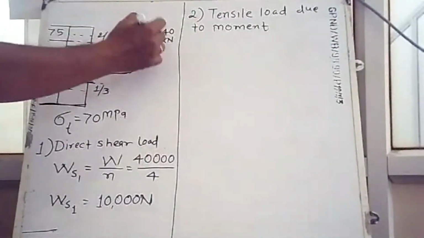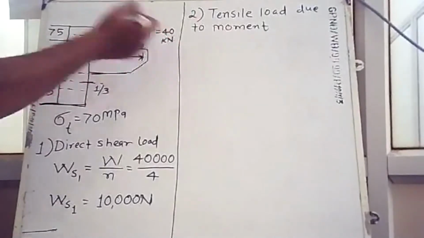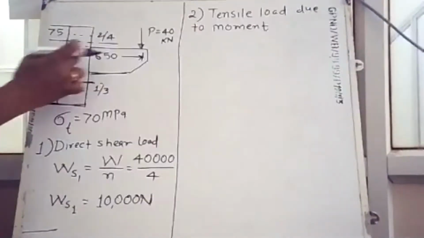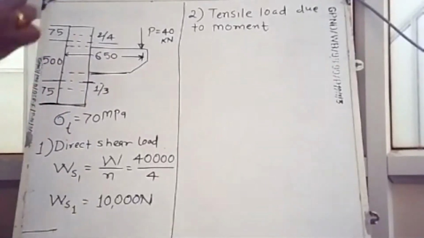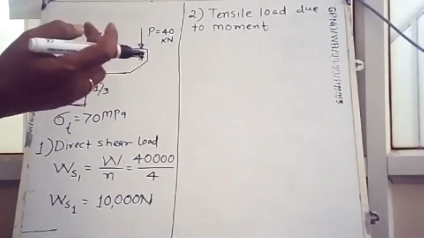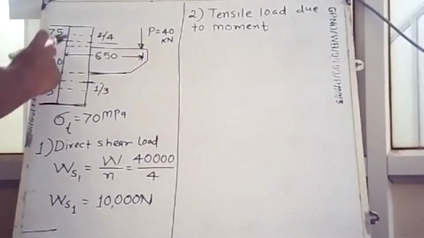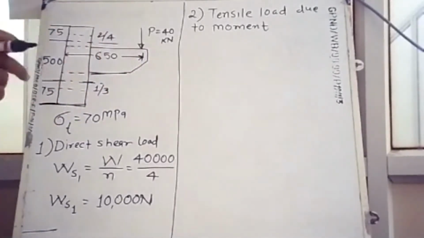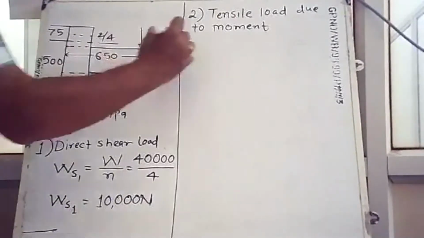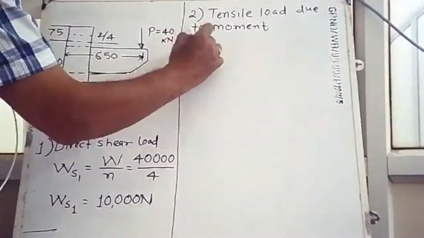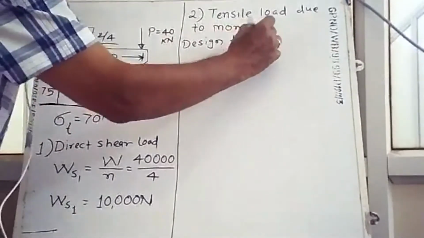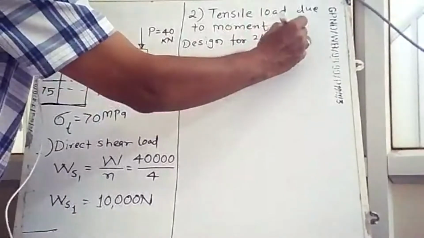Okay, so there is a load P or W here. It is at distance 650 from this base. So moment is P into 650. Now here the possibility of second or fourth screw failure is more. That's why we say design for second or fourth screw.